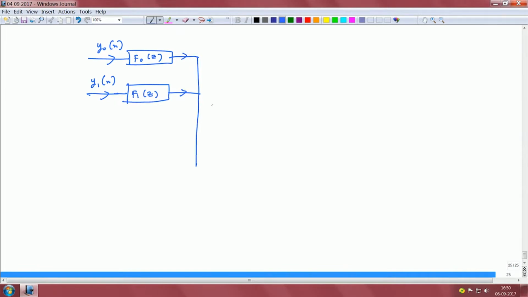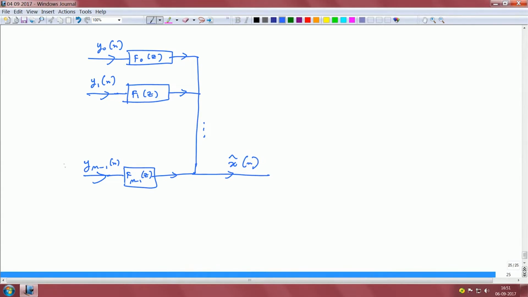These are basically synthesis filters, and our hope is we can reconstruct x back, right.